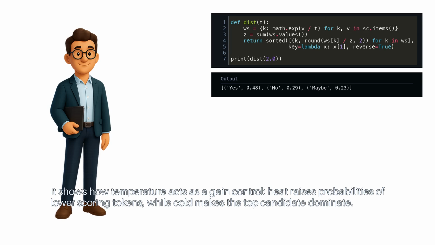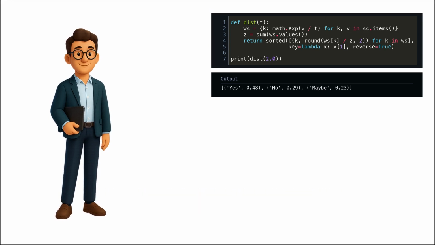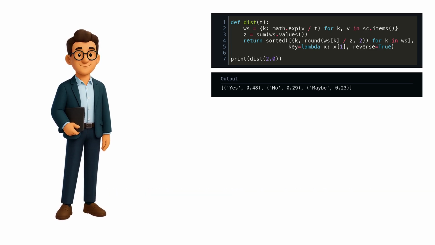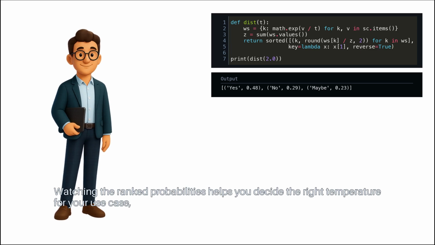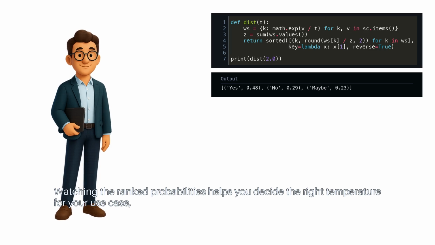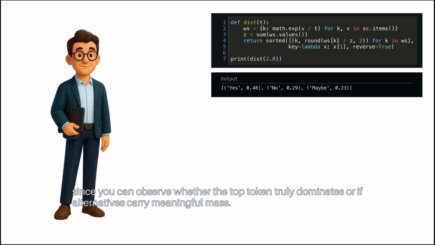Heat raises probabilities of lower scoring tokens, while cold makes the top candidate dominate. The code ranks tokens, so you can inspect the distribution, not just the winner. Watching the ranked probabilities helps you decide the right temperature for your use case, since you can observe whether the top token truly dominates or if alternatives carry meaningful mass.